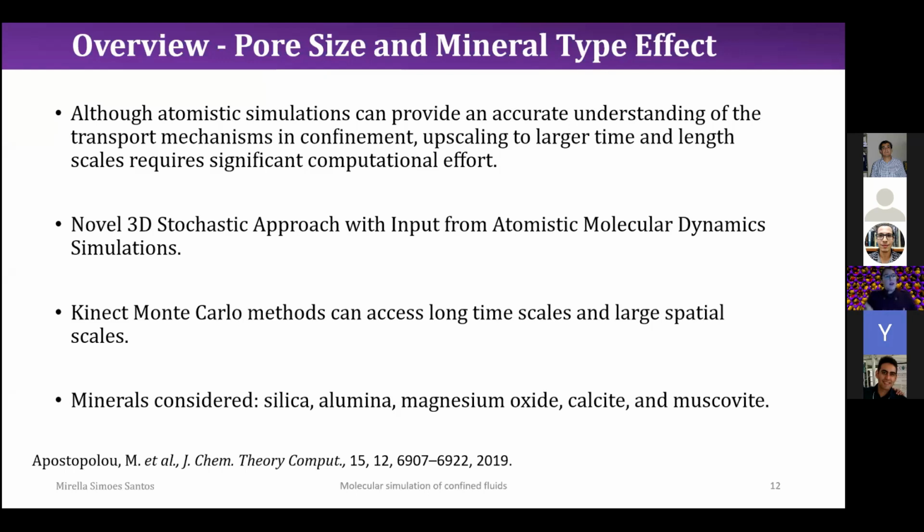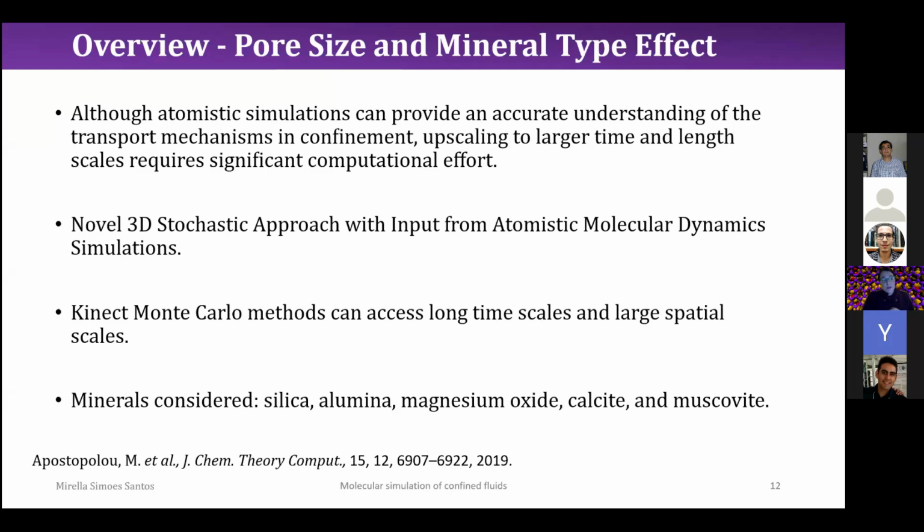So here, what we proposed was a novel 3D stochastic approach that uses input from atomistic molecular dynamics simulations in kinetic Monte Carlo methods that can describe the diffusion of a certain component within different minerals.